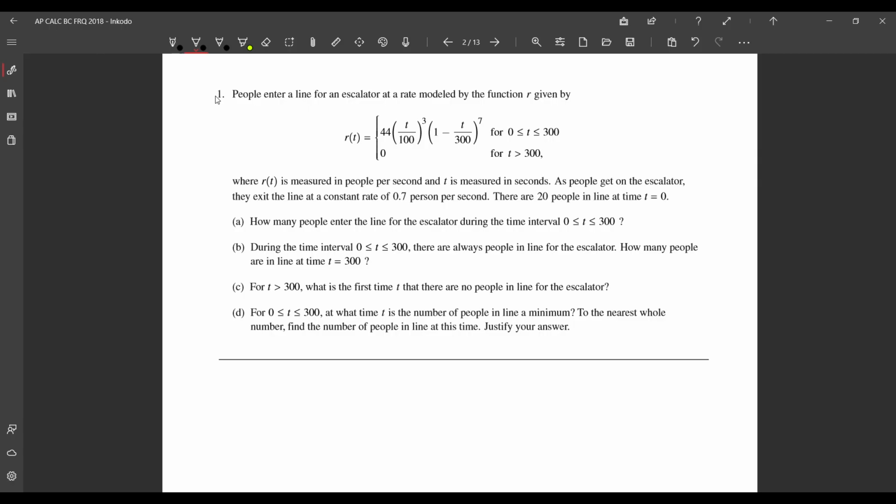Okay, so we have a rate function for people entering a line for an escalator. When people get on the escalator, they exit the line at a constant rate.